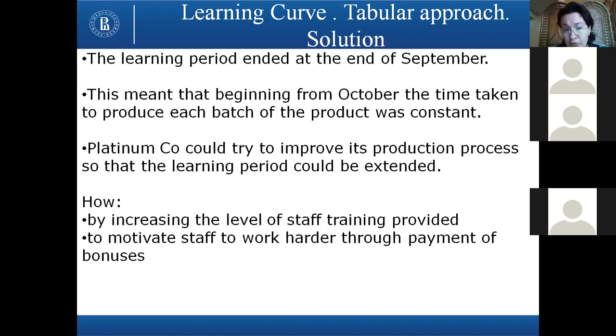And what should we do? For example, we can increase the level of staff training provided, so we could improve the qualification of our staff, or we could motivate staff to work harder. For example, applying the system of material stimulation.